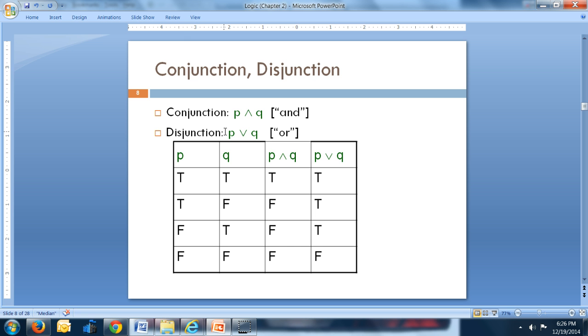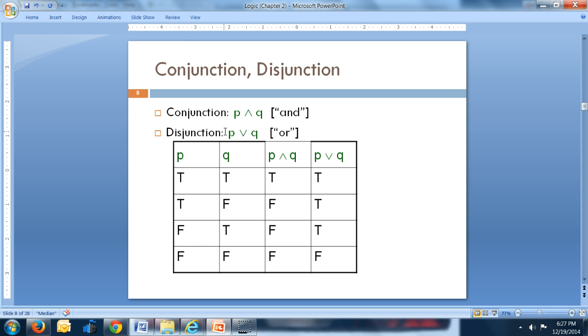So we start with P and we put T and T and then F and F, and that's what I wanted you to do when you construct your truth tables. You have to do it this way. And then we start with Q and we put true, false, true, false. So we have 4 possibilities in here: true and true, true and false, false and true, and false and false.